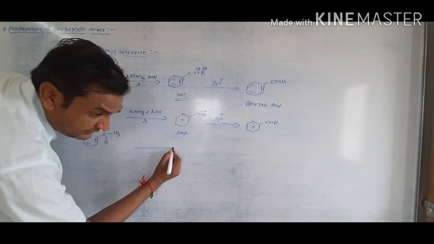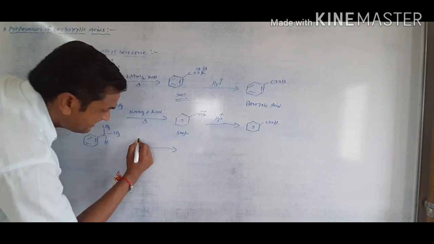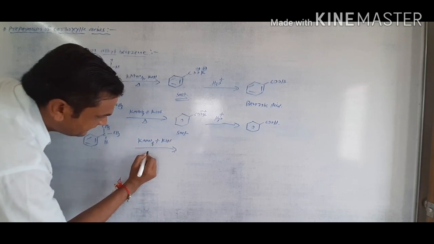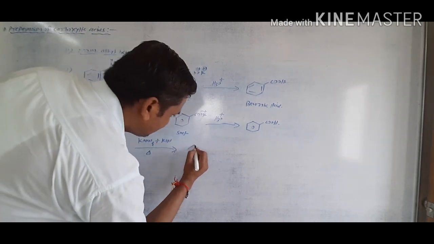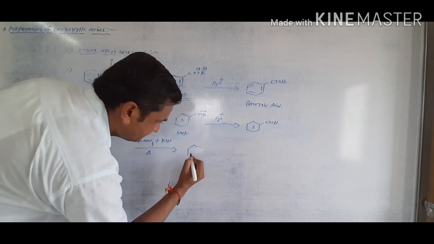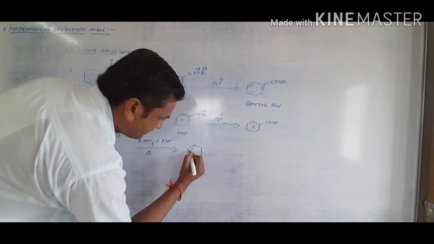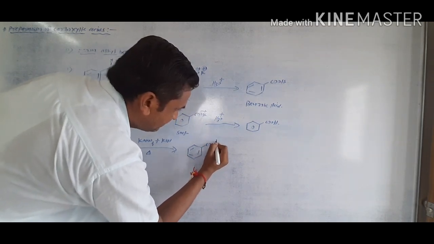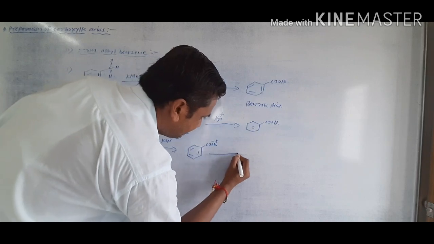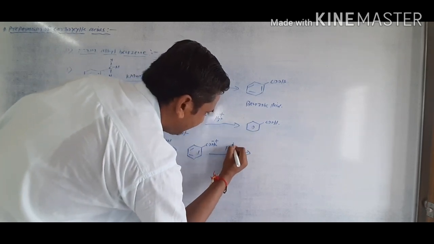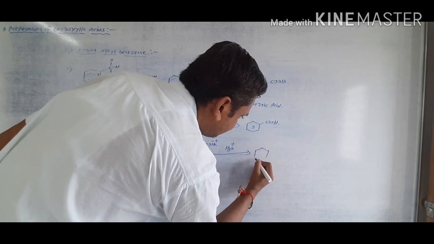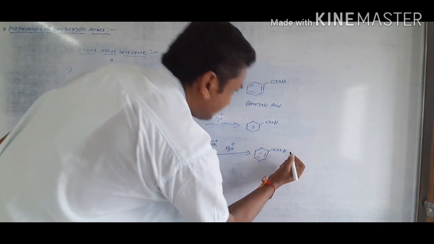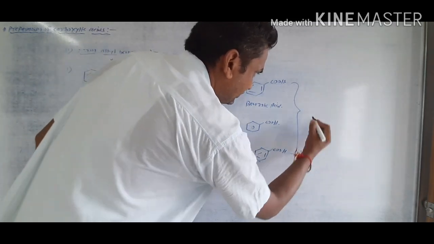The secondary alkyl group will react with KMnO4 plus KOH, heat, then gives the corresponding potassium salt of benzoic acid, and this potassium salt is further acid hydrolysed, then gives benzoic acid.